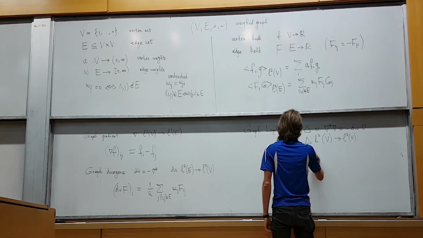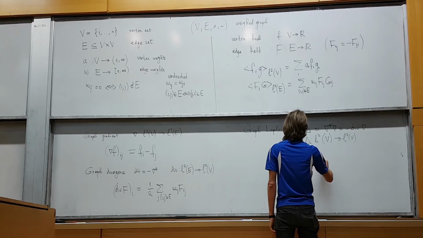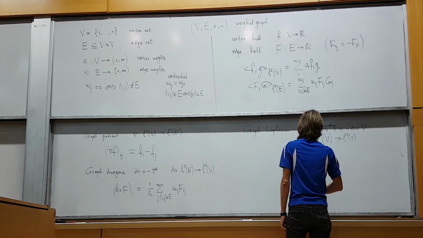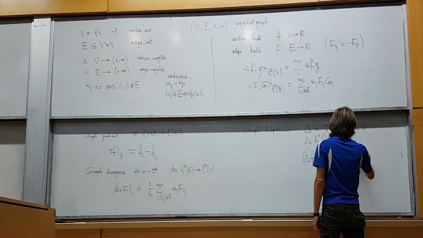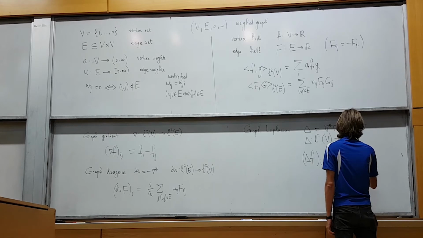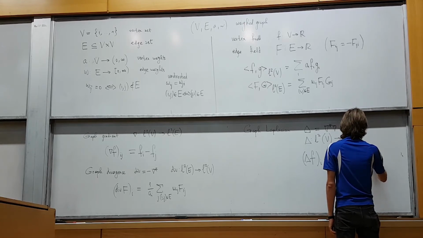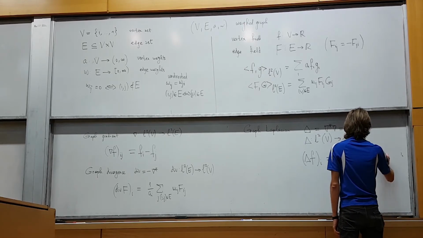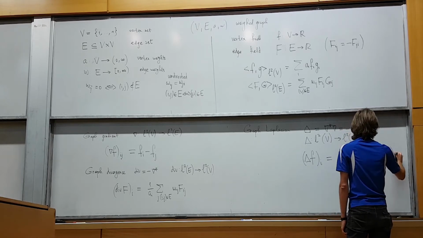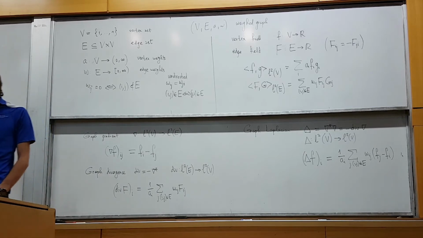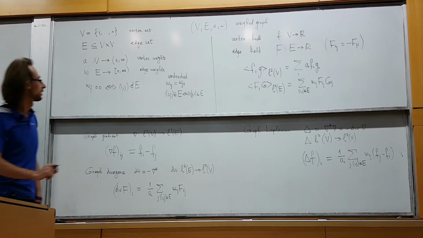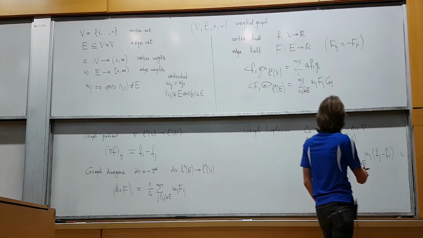The Laplacian of the vertex field F at point i will be given by 1 over A_i sum over j such that ij belongs to E, W_ij times F_j minus F_i. Okay? So F_i minus it.